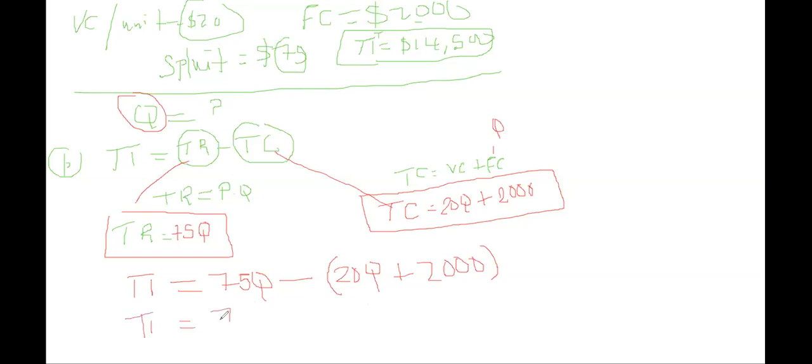So we have 75Q minus, remember, if you are confused, it is like a 1 there in front of the bracket, minus 1 times this, it will be minus 20Q minus 2000. So now we have this as the profit function.